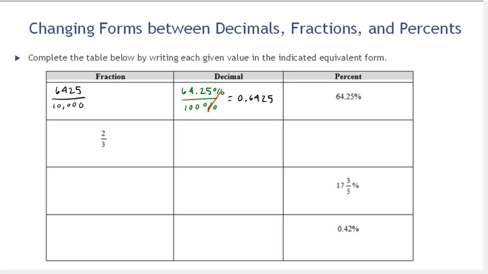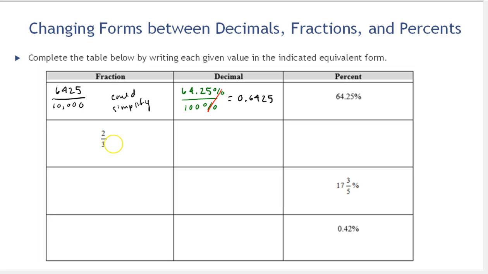Now we can simplify this because this ends in a 5. I'm going to give us a pass on this one. We could simplify, but the directions didn't say to, and these numbers are getting pretty large, so we're just going to leave it as it is. Let's look at the next one.